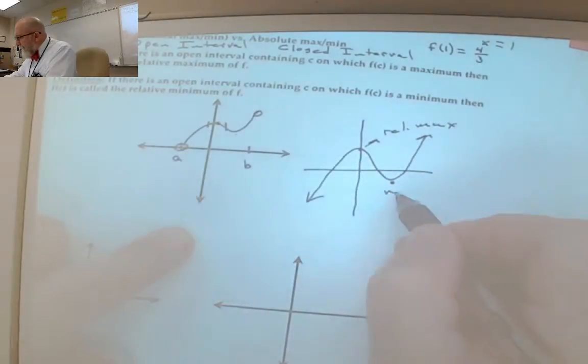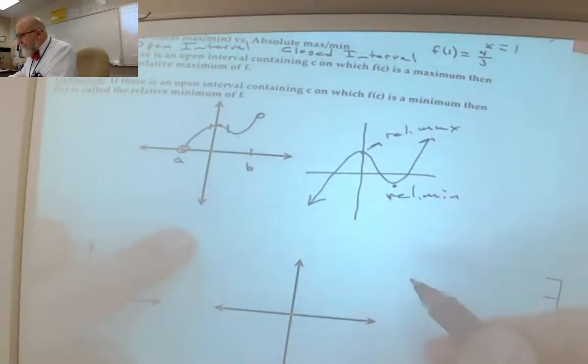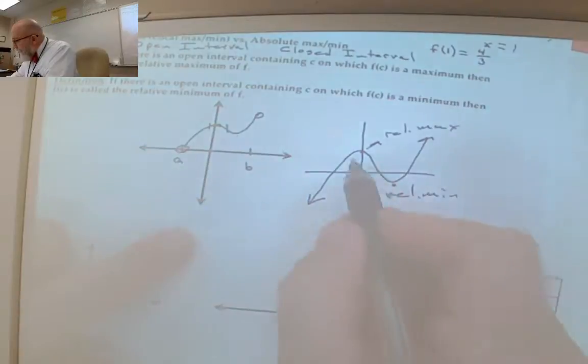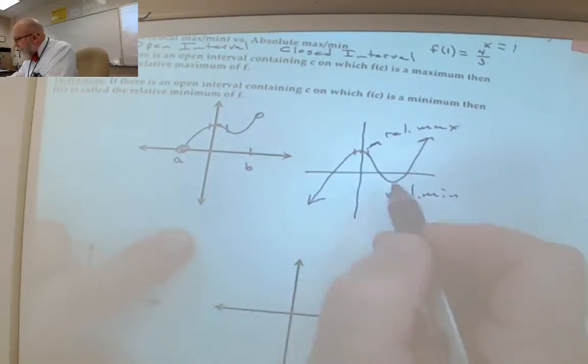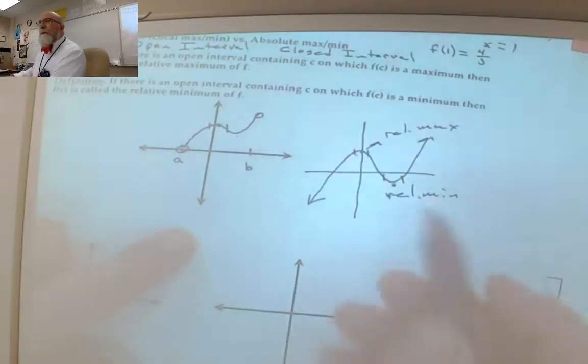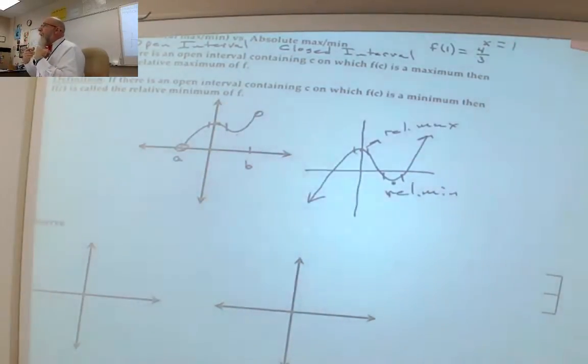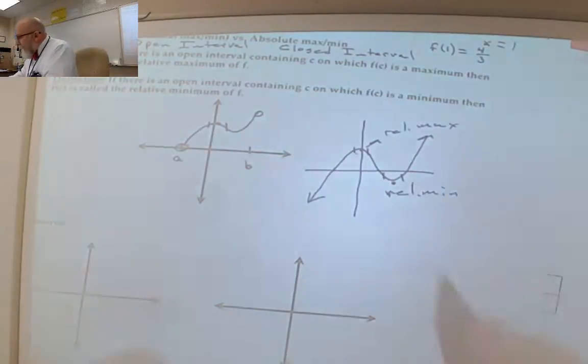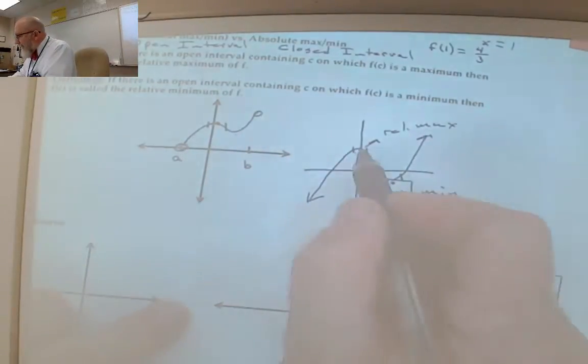This is relative min. Because there's a little tiny interval, a little tiny space where this is the max and that's the min. How do I find them? I take the derivative and make it equal to 0 because I got horizontal tangent lines right there.